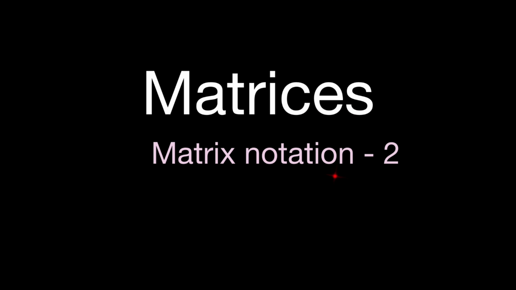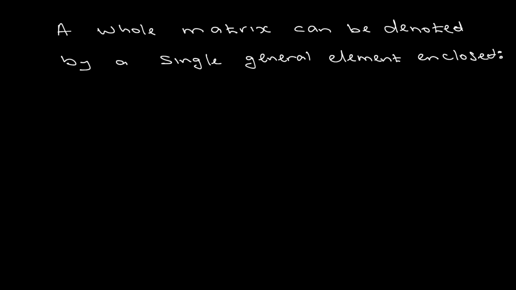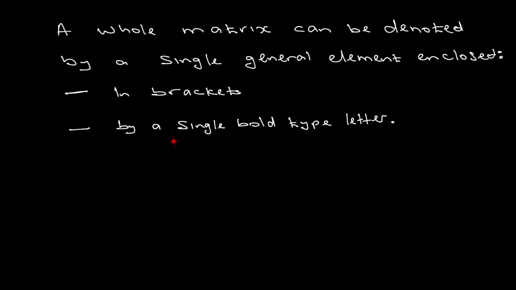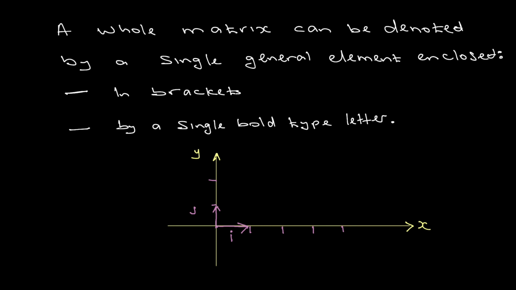Matrices, matrix notation. A whole matrix can be denoted by a single general element enclosed in brackets or by a single bold type letter. If you have a graph with your x-axis and y-axis and unit divisions 1, 2, 3, 4, you could represent the x-axis by i notation as a unit vector, and the y-axis by j notation.